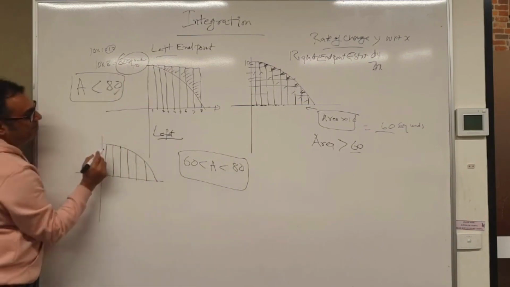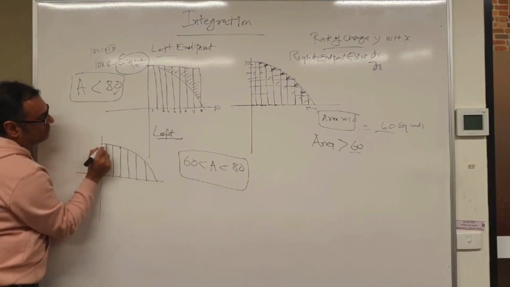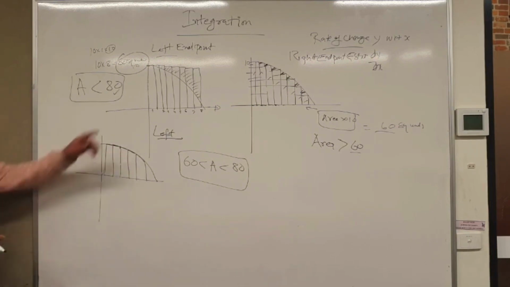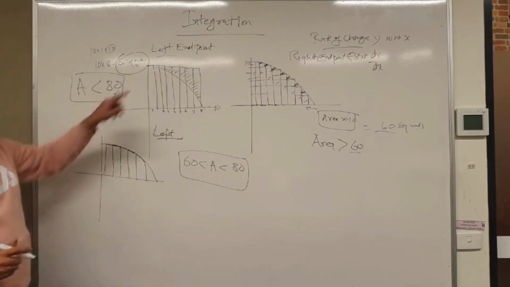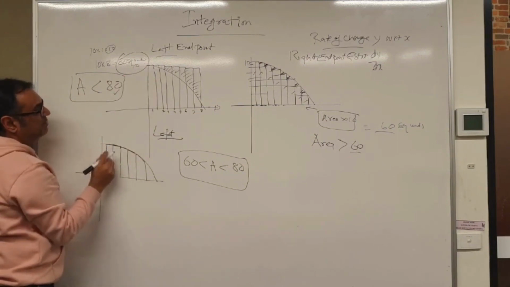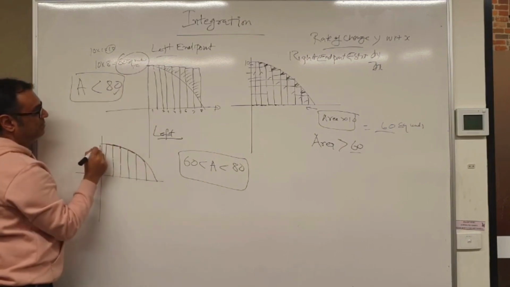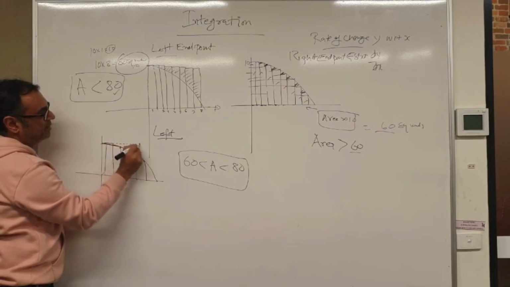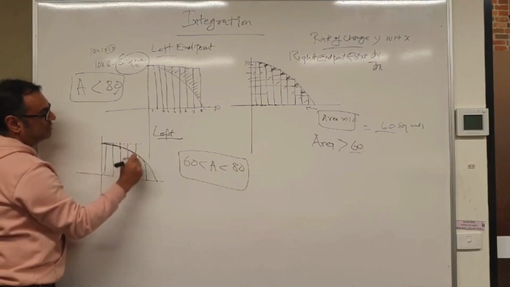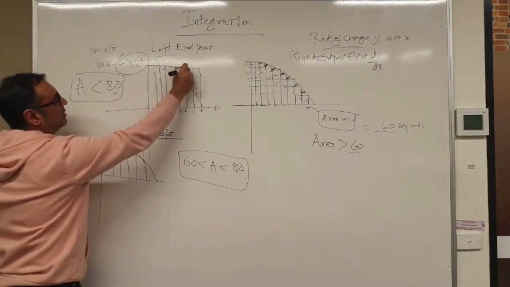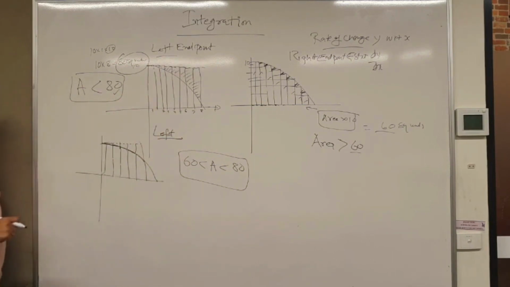Can you tell me what this value here will be? No, like you make it into a rectangle. That's what we've done here. I draw the line and draw the rectangles.